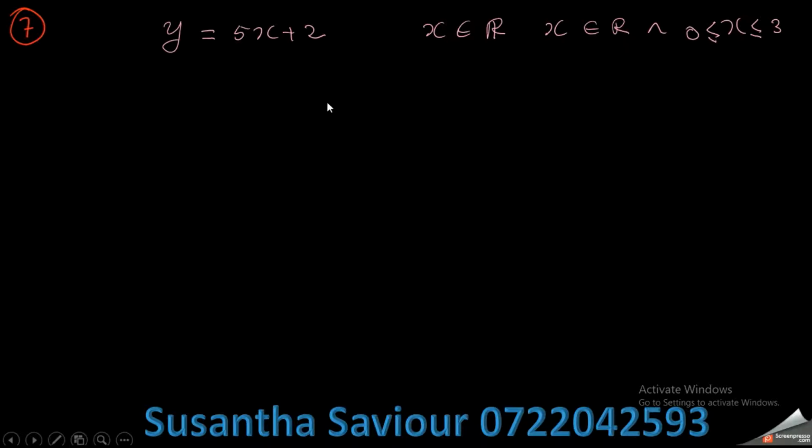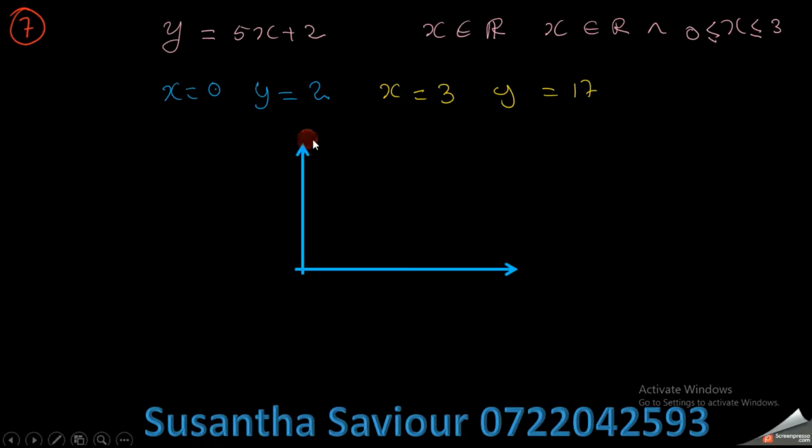Let's sketch this also and see. When x equals 0, y is equal to 2. When x equals 3, y is equal to 17. Look at this. We marked all those points. This is the line.